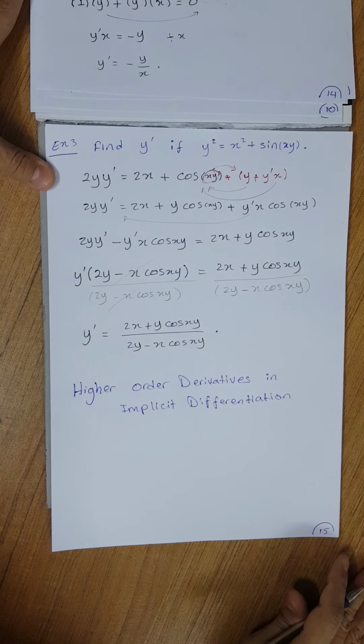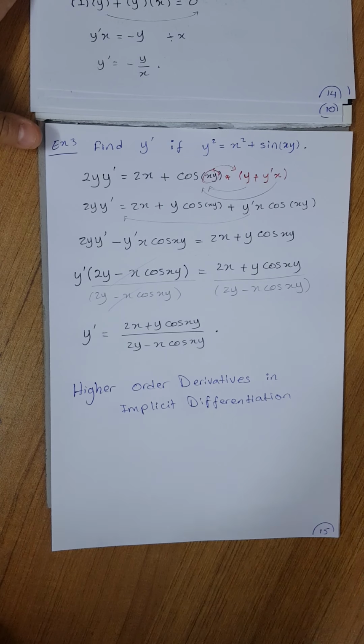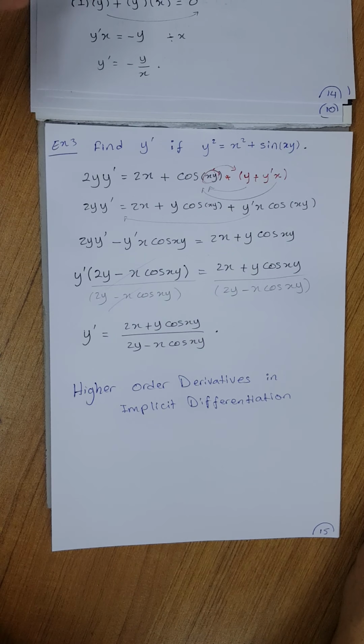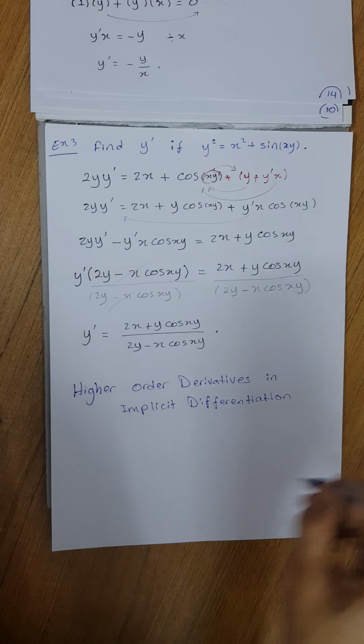In explicit differentiation, we studied the higher order derivatives when we were finding the second derivative, the third derivative. Here in implicit differentiation, we also have got higher order derivatives. It is easy and nearly the same procedures that we were doing in explicit differentiation.